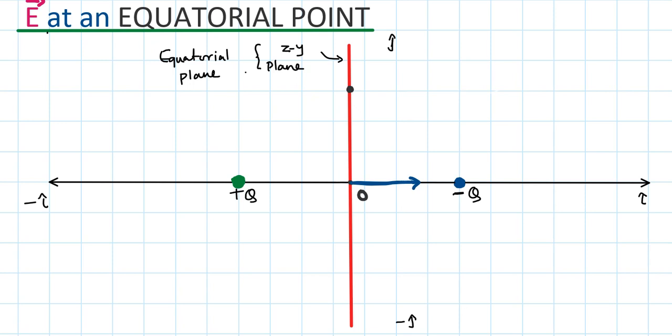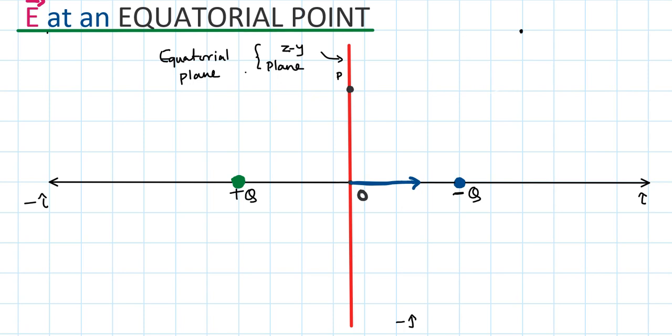Now consider some arbitrary point P on the equatorial plane. I need to measure the total electric field at P. What would it be? Before mentioning the magnitude of the electric field, let me try to evaluate the direction of the electric field over there.